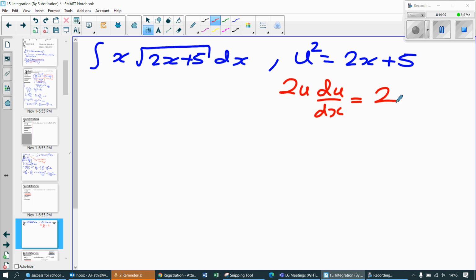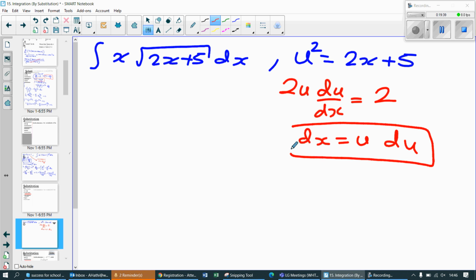So I'm differentiating with respect to x, so I just do it like it was a u, but I multiply by du by dx. And here, I still need to find dx. So dx is quite simply that goes up there, that comes down here. That 2 will cancel with that 2. So dx equals u du.